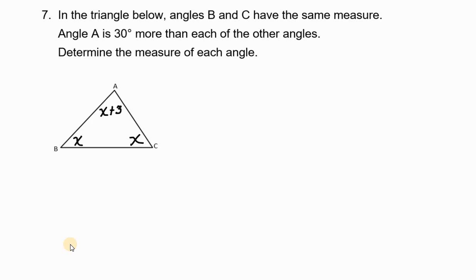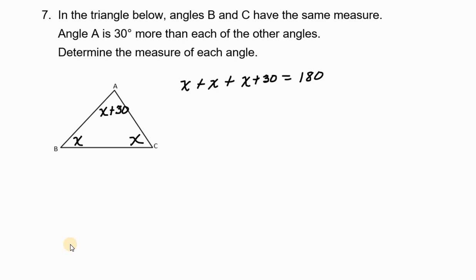So now that I have each of my angles labeled, I can set up my equation. x plus x plus x plus 30 equals 180, and then solve from there.